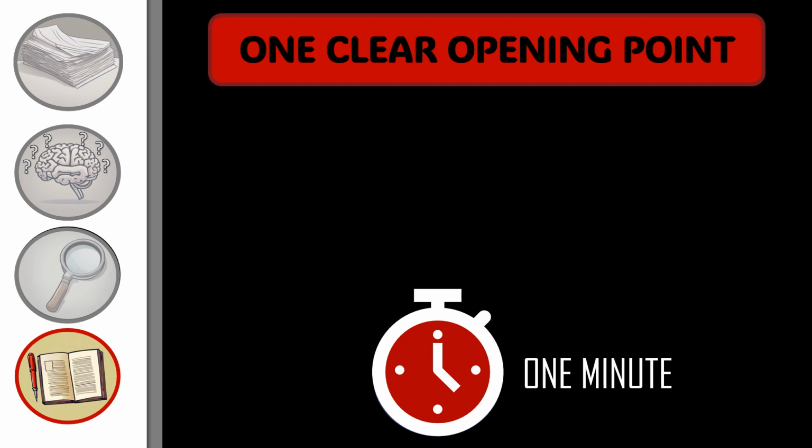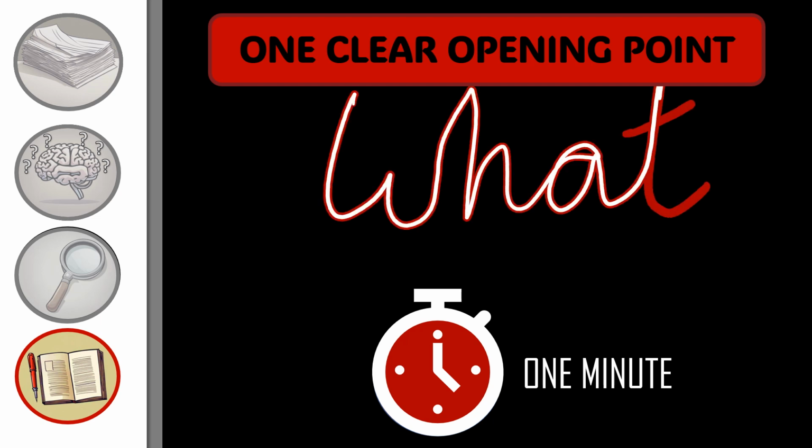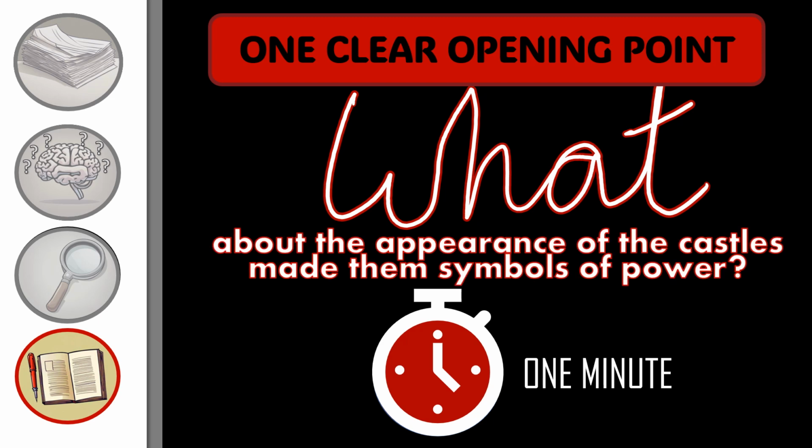Try to keep this more general. Don't be too specific at this stage. So it's simply what about the appearance of the castles made them symbols of power. Got 1 minute to think about that question.